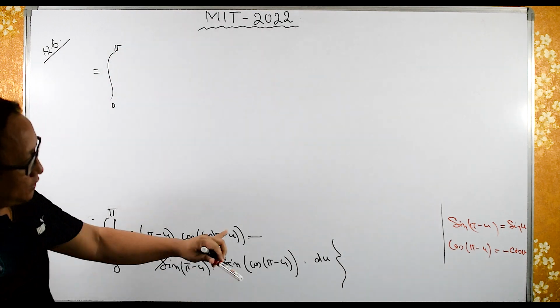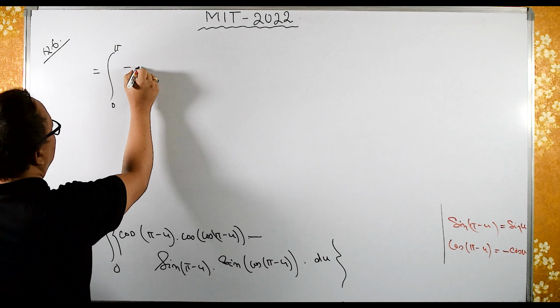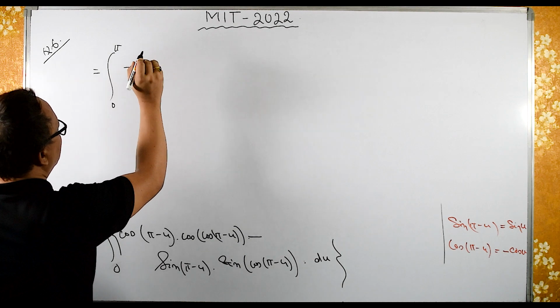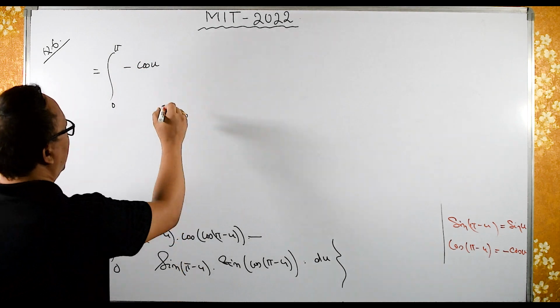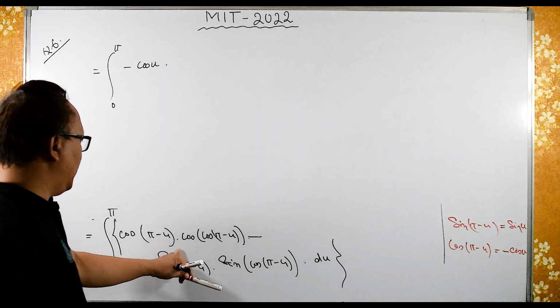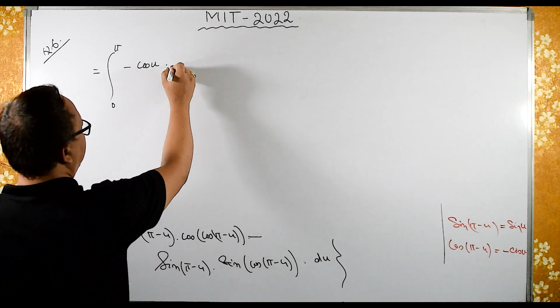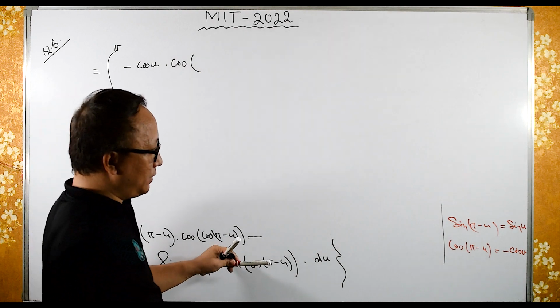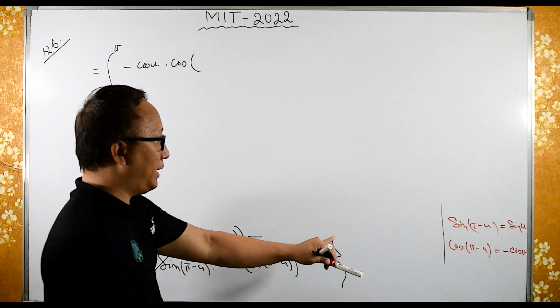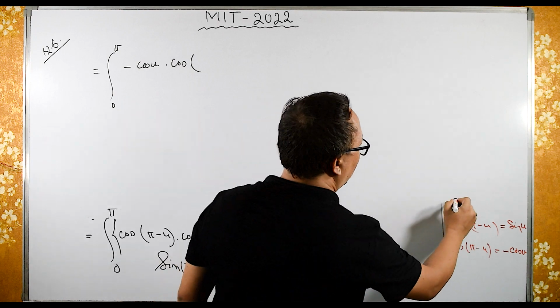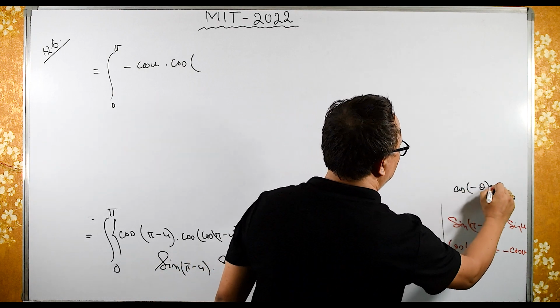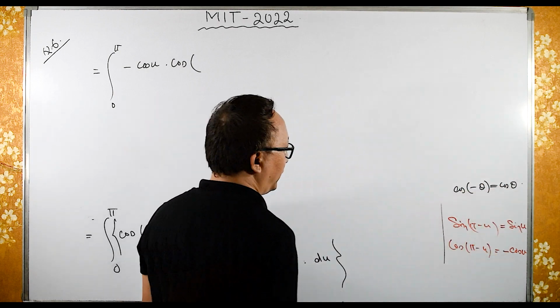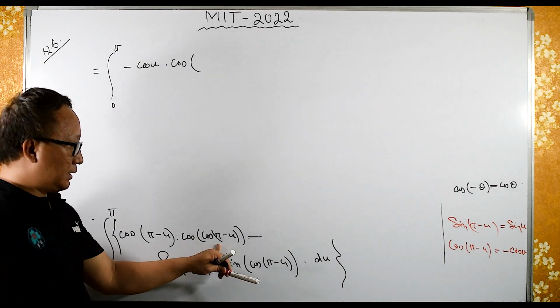It is minus cos u. And we know that cos of minus theta is cos theta, so the minus doesn't cause any problem.